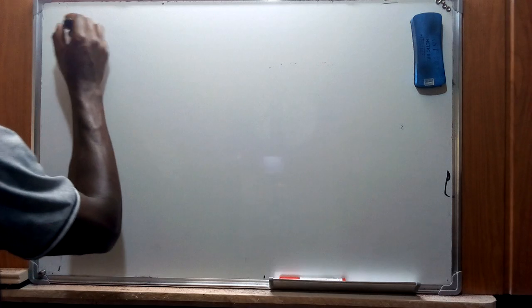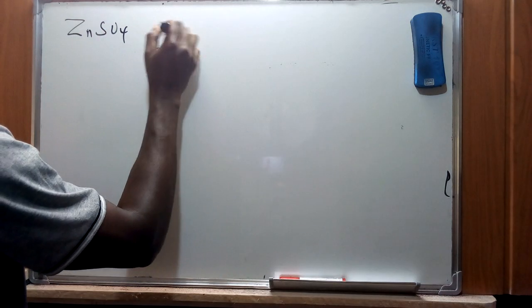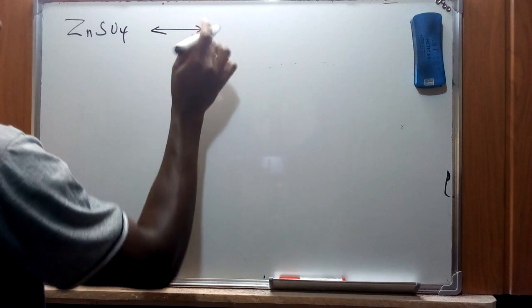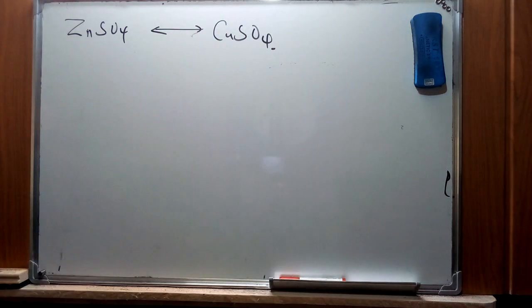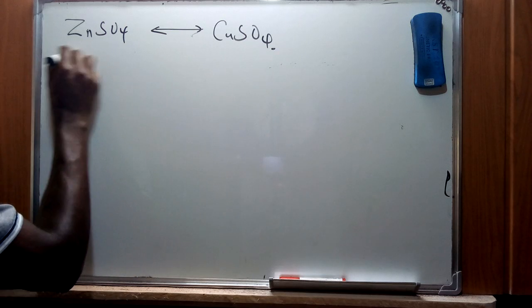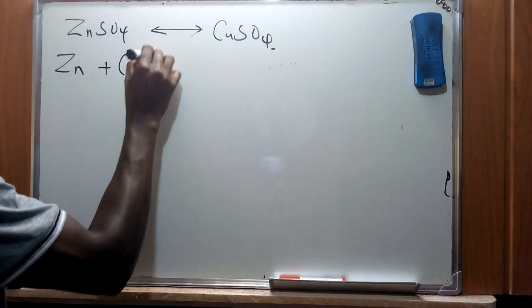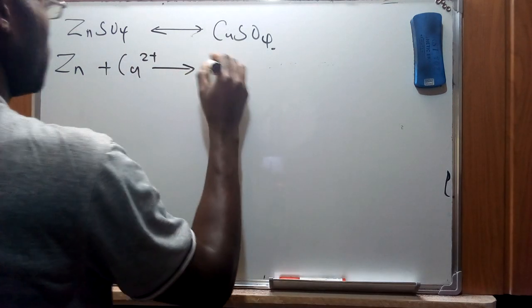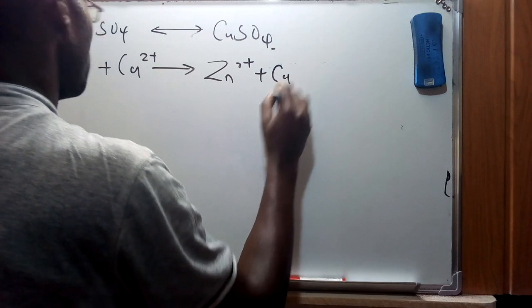And I've given the example for the zinc sulfate solution, which of course is forming another cell with the copper sulfate solution. And of course, there are respective redox reactions which are going to occur. In this case, we have said it can be represented using the ionic equation, whereby the copper ions are going to be displaced, and then we're going to form zinc ions plus copper.